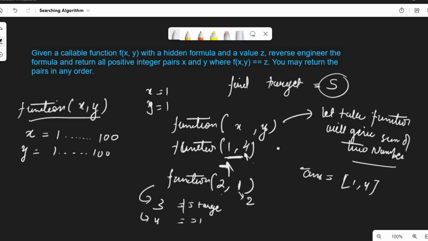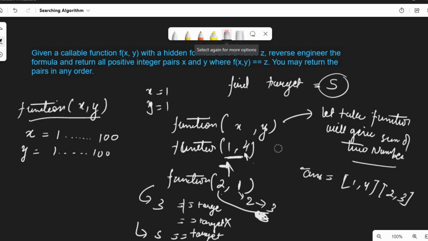This is not equal to target. Now make it 3. Now this will give 5. Yes, it is equal to target. So our next pair is 2 and 3. Okay, we got the answer. Then again we increment x.